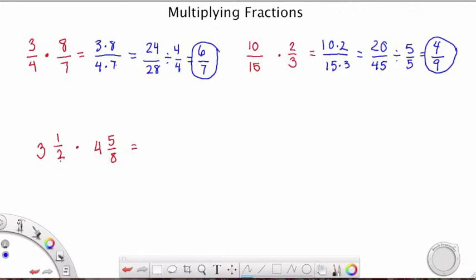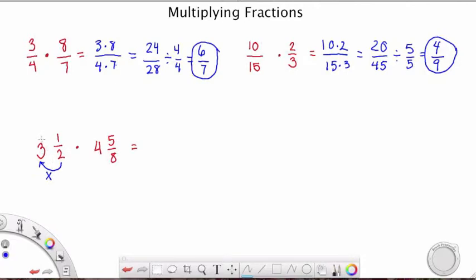What we need to do is take the denominator, multiply it by the whole number, and then add the numerator on top. So we're going to change both of these mixed numbers, 3 and 1/2 and 4 and 5/8, into improper fractions.